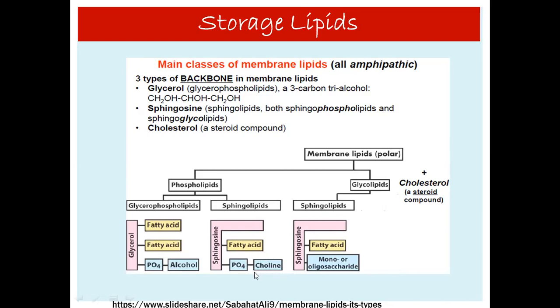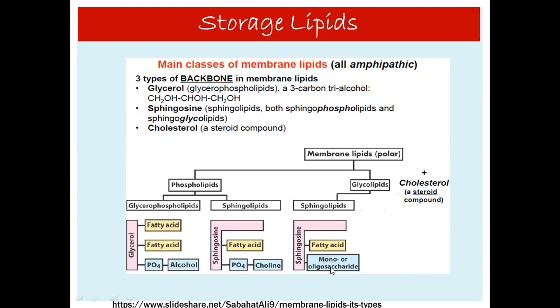So one choline molecule. Here you can see again, in the case of glycolipids, that means carbohydrate functionalized lipids, sphingosine is again coming as the alcoholic backbone, where a fatty acid is attached with one hydroxy group, and another one is attached with mono or oligosaccharides.